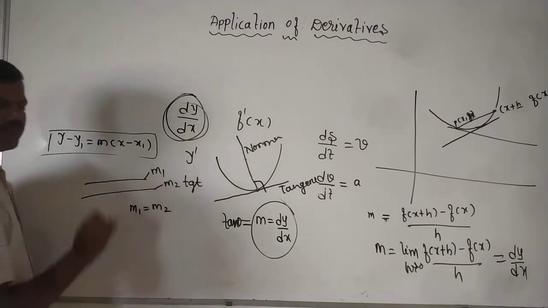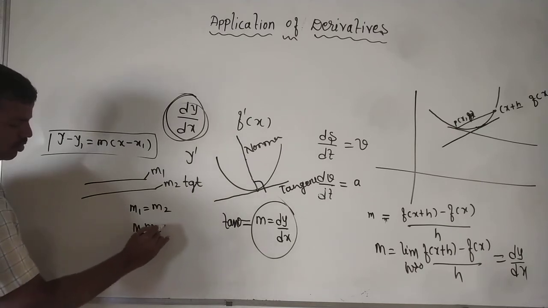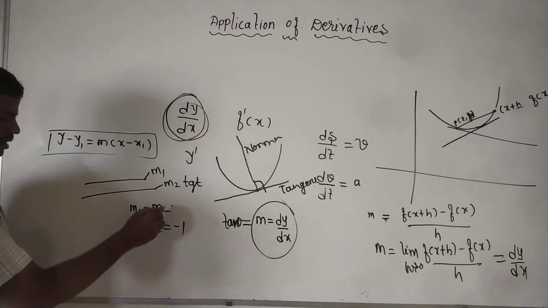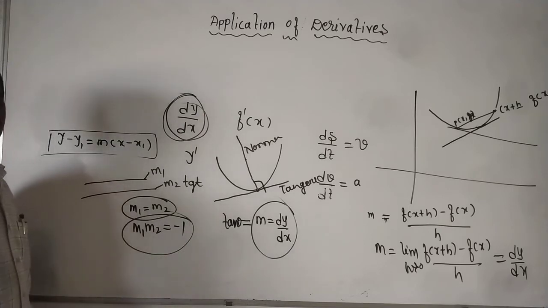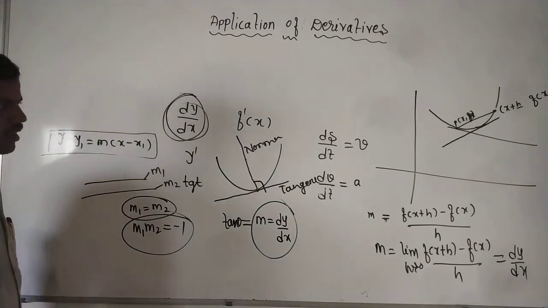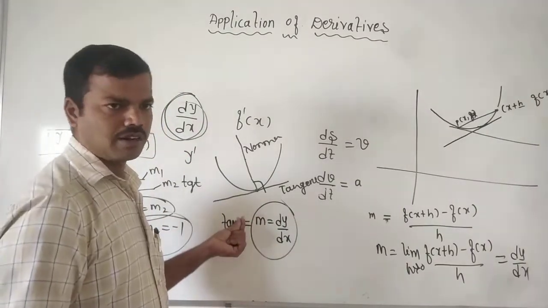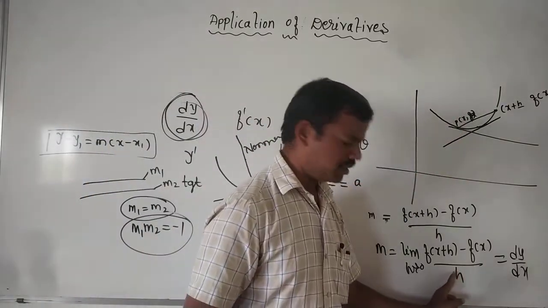We say they are perpendicular when m1 into m2 equal to minus 1. If they are parallel, then their slopes are equal. If they are perpendicular, then the product of their slopes is minus 1. You should know these two conditions. So the concept is clear: the slope of the tangent is nothing but dy by dx.